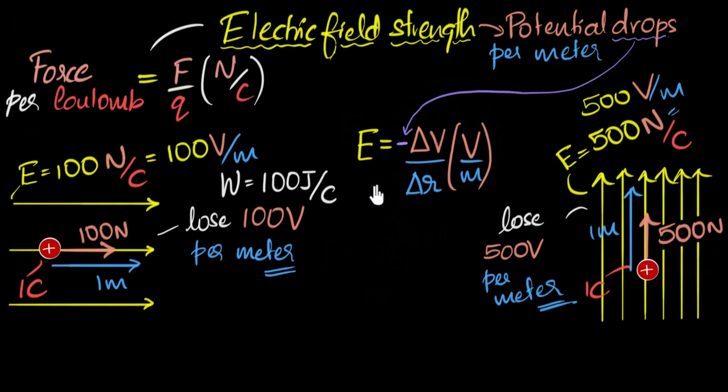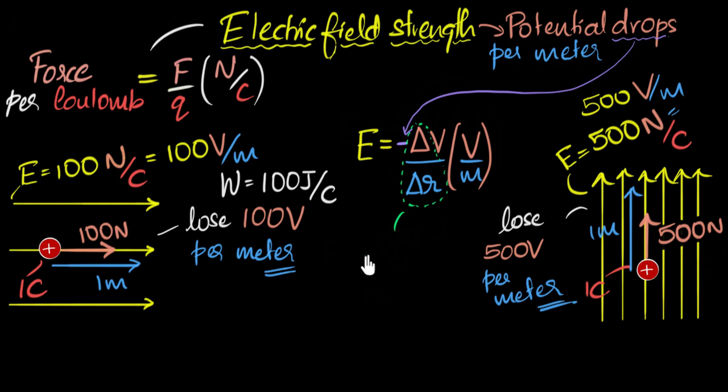But long story short, electric field is a measure of how much potential gets lost for every meter you go forward. Now, before we conclude, there's one last thing I want to mention of how do we say this technically? Whenever you're calculating how much something is changing with respect to distance, or how much something is changing per meter, we give it a name, we call that a gradient.